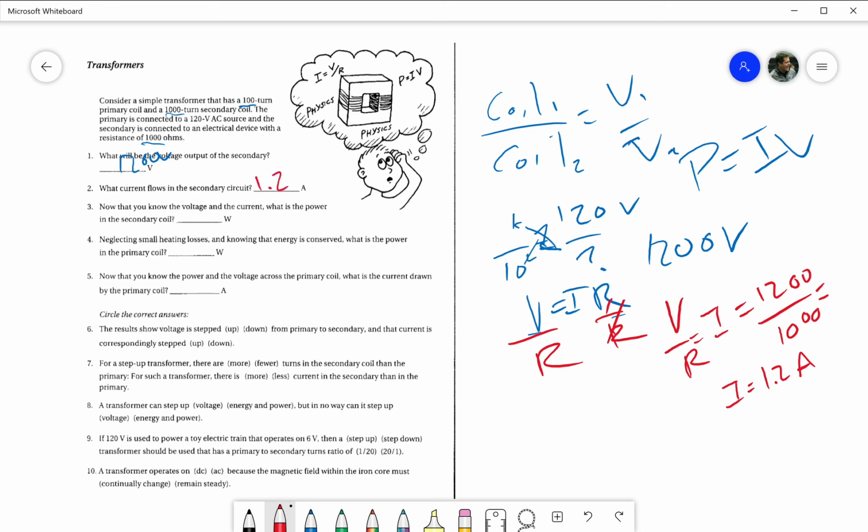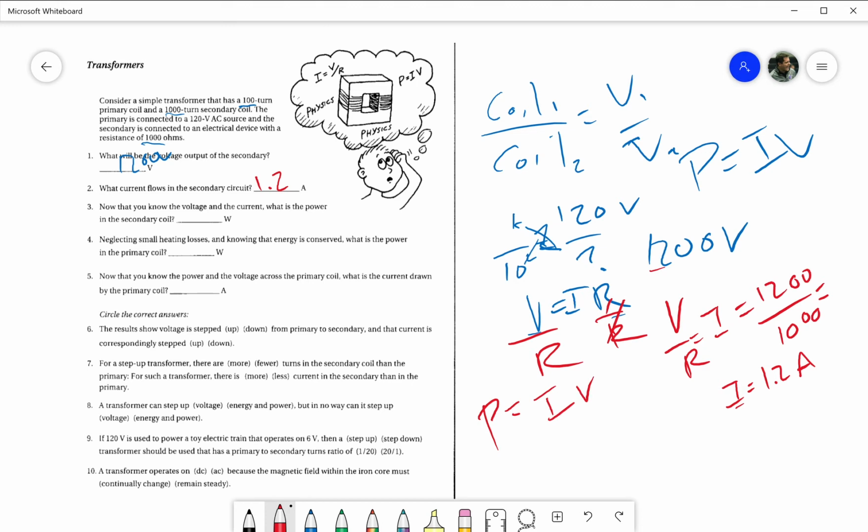Now that you know the voltage and the current, what is the power of the secondary coil? We know current I is 1.2, and we know voltage V is 1200. All we have to do is multiply those two together, because P equals IV.